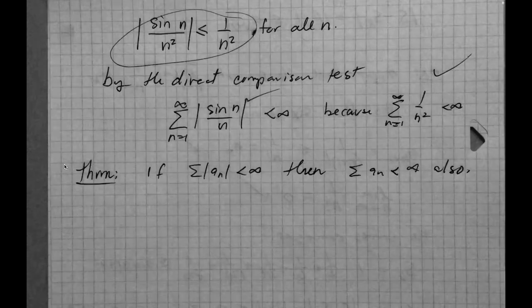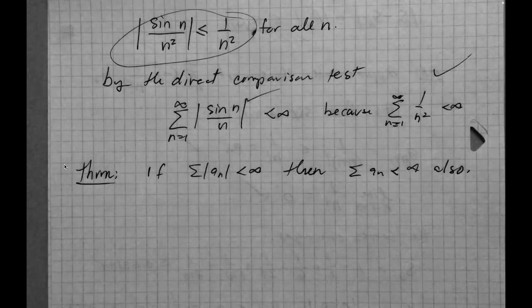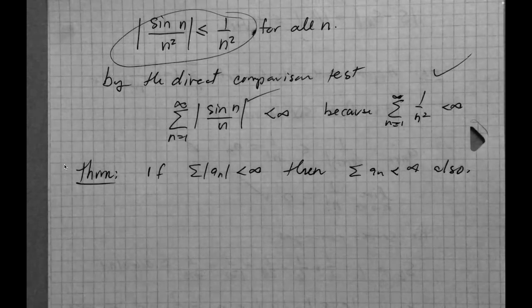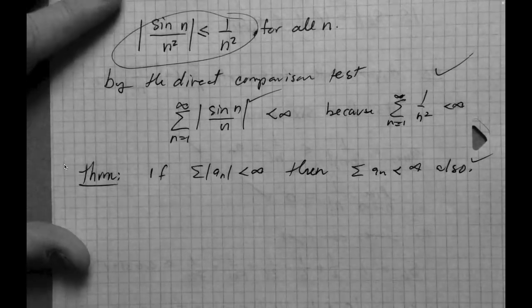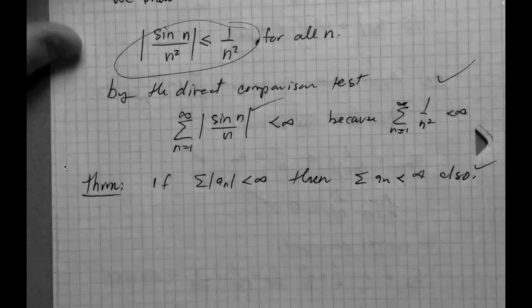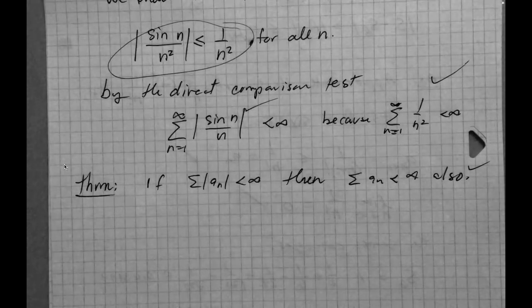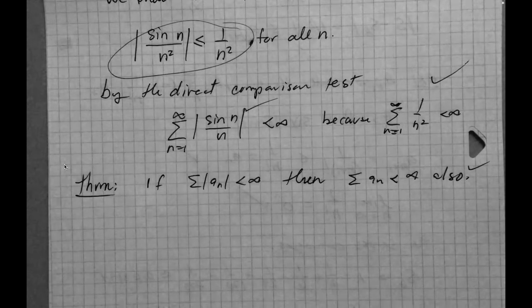Now, we won't prove that, but this is one that I think you could probably figure out on your own, or you could crank out a book, and there'd probably be a proof in an appendix somewhere.